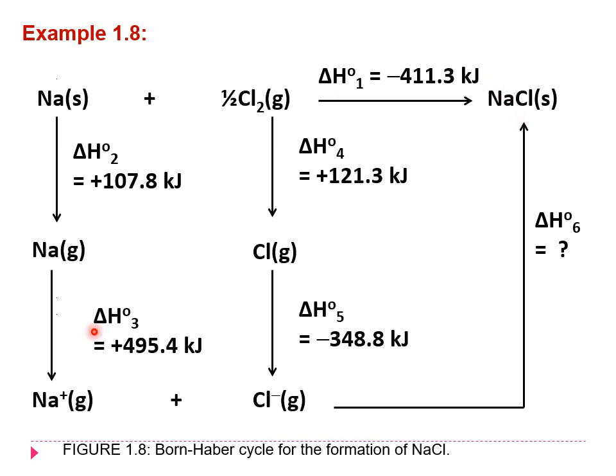So, applying Hess law, we should be able to make up a formula. What is the formula? Delta H1 equals delta H2 plus delta H3 plus delta H4 plus delta H5 plus delta H6. So, we are given all the values of delta H1, 2, 3, 4, 5. Will we be able to find delta H6?